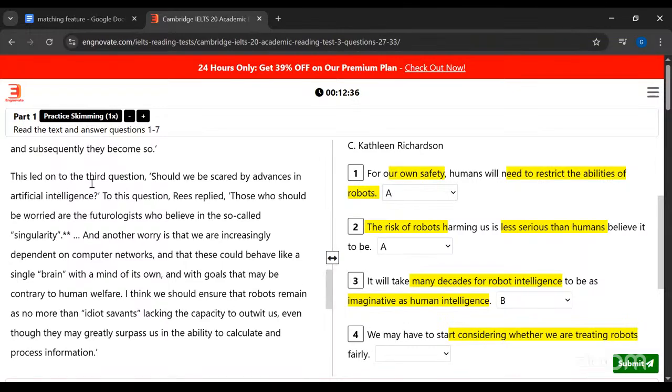Okay, this led to the third question. Should we be scared by the advances in artificial intelligence? And we reply that those who should be worried are the physiologists who believe in the so-called singularity.